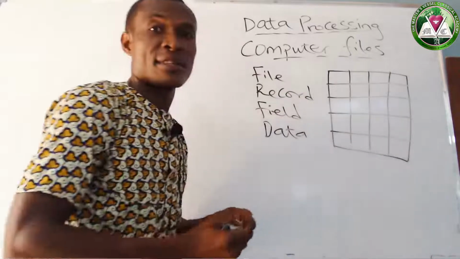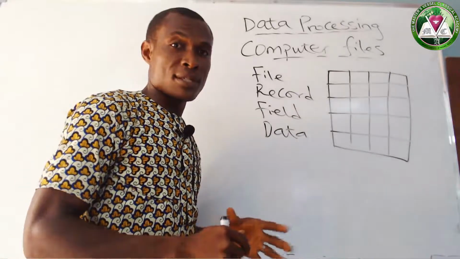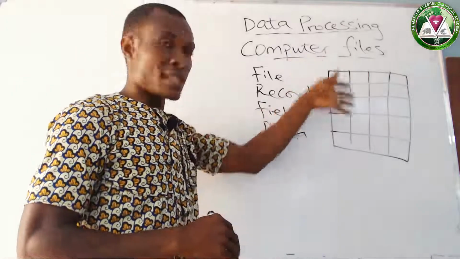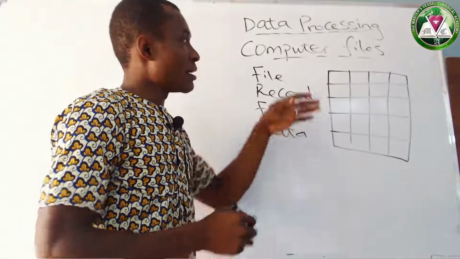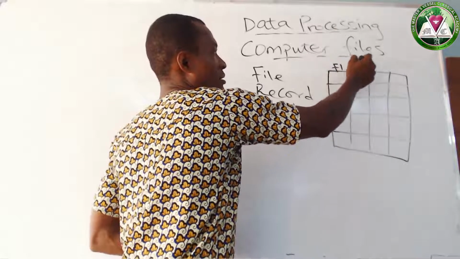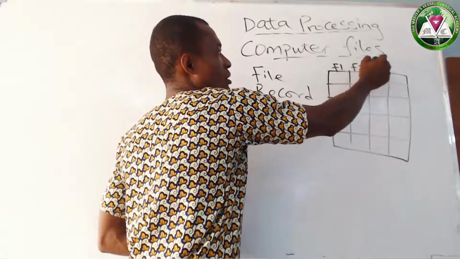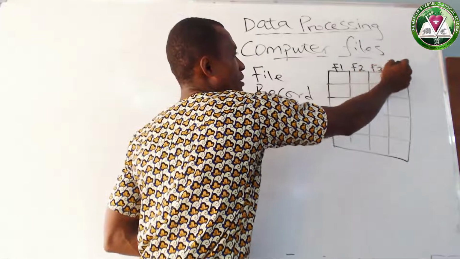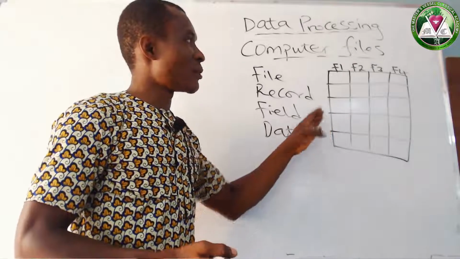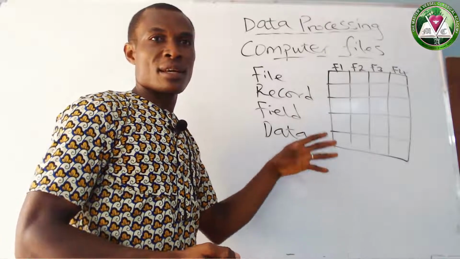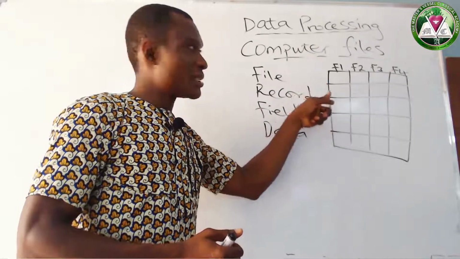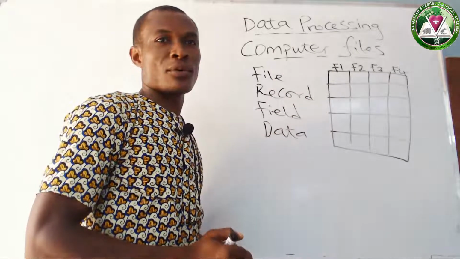Now in a database, when you have a table like this, this is field 1, this is field 2, this is field 3, this is field 4. And remember that when you have a table like this, information or records will be contained in this table.